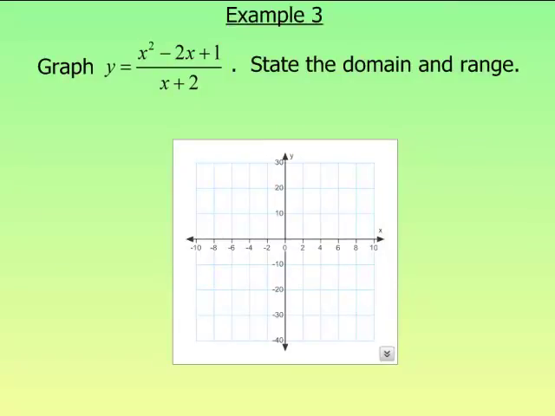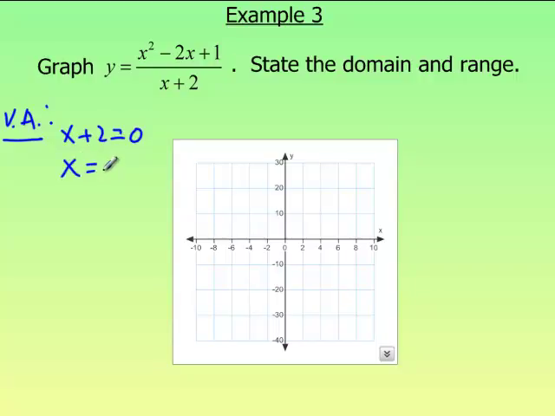So here we're going to graph x squared minus 2x plus 1 over x plus 2. Okay, so this one's going to take just a little bit more, not much. Let's again start with the vertical asymptote. And so that's when we're going to set our denominator equal to 0 because we can't divide by 0.